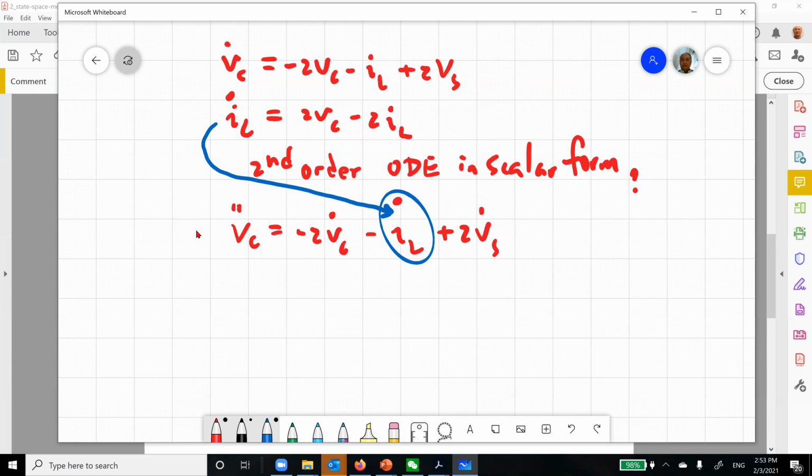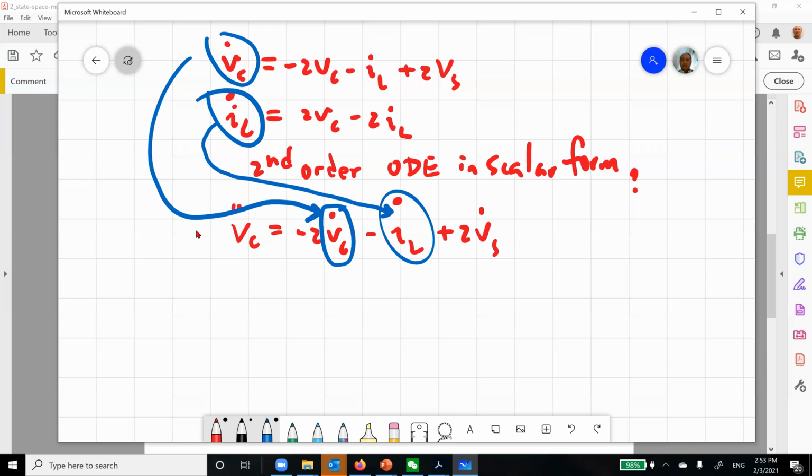You can get this term from here, and also this term in here. My purpose is to eliminate IL. So clearly this is possible, it's just a little bit tedious. It is possible to do, but you may say this is kind of difficult.